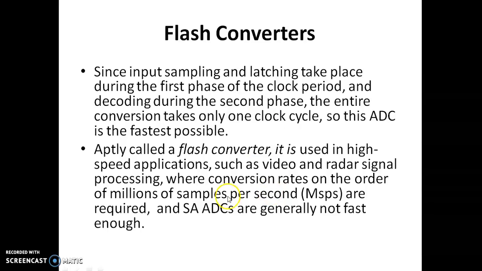SA ADCs are generally not fast enough, because in the previous slide we saw that SA ADCs take n clock pulses, whereas flash ADCs take only one clock pulse to complete the entire conversion.